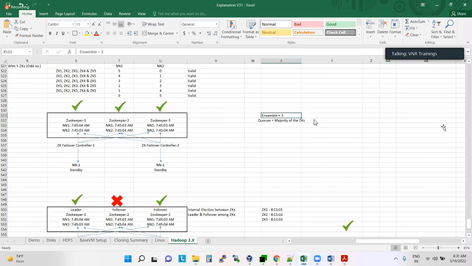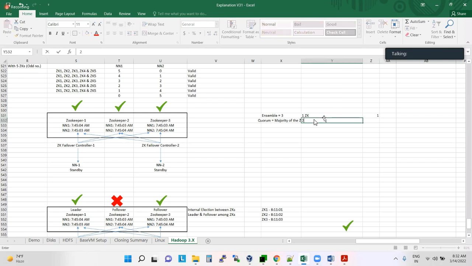If I have 3 zookeepers and 1 zookeeper is down, you still have 2 zookeepers. It means the majority of zookeepers are there, so you can take a decision. But if 2 zookeepers are down, you cannot take a decision because you don't have a majority.